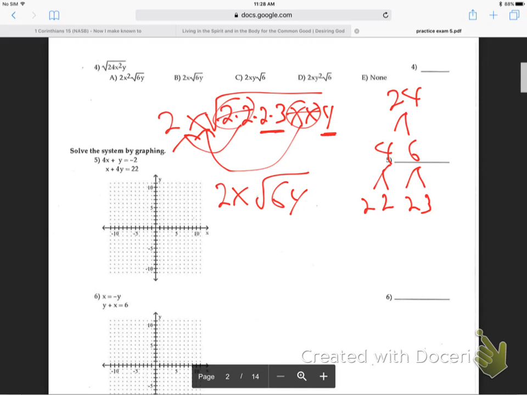All right. Look at number 5. That's not an easy one. Number 5, graphing. Yeah, you got to get the slope for both. So try number 5. You got to get both those y's alone, right?